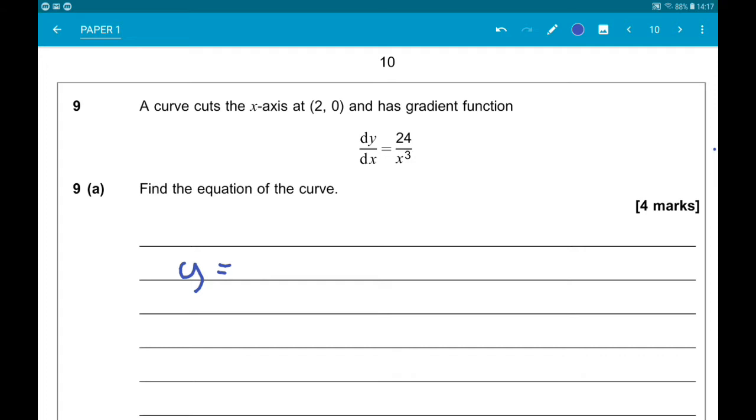Now, 24 over x cubed is 24x to the minus 3. So we need to find the integral of 24x to the minus 3 with respect to x.